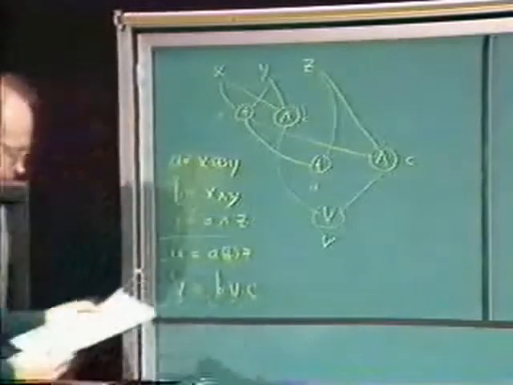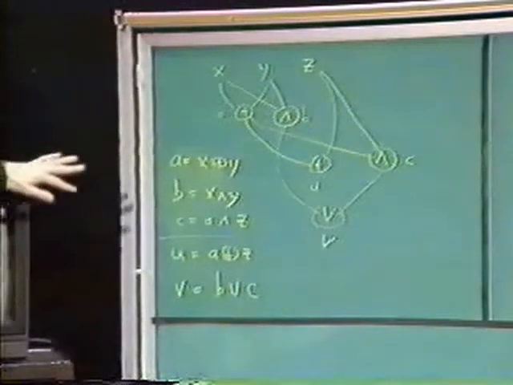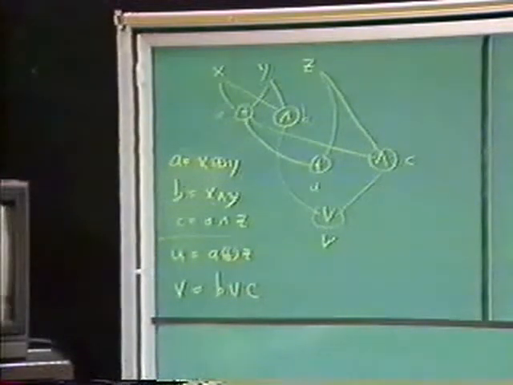Now this is the circuit that has 2 outputs and 3 inputs. And the idea is that if we are trying to add three 1-bit numbers together, then this gives us the 2 bits of their sum.